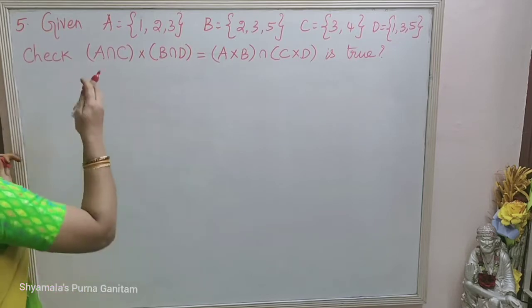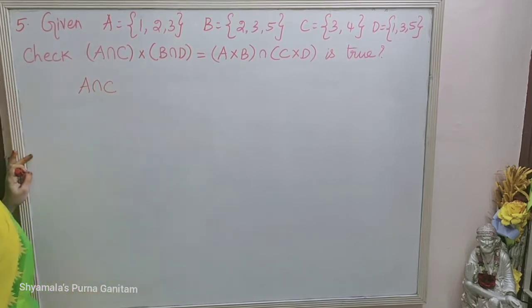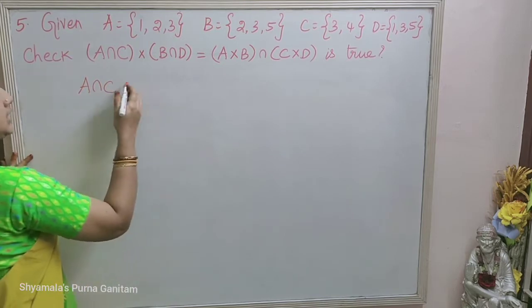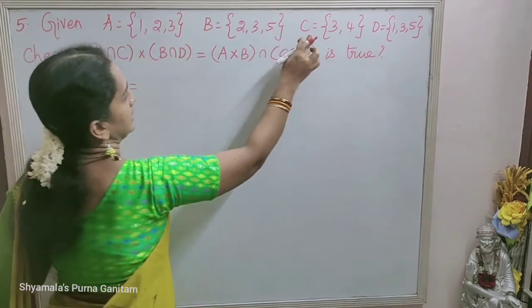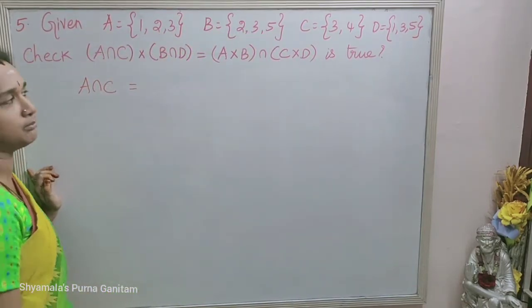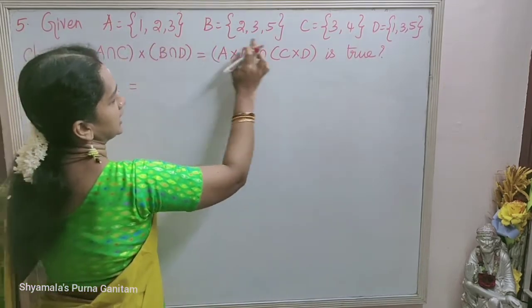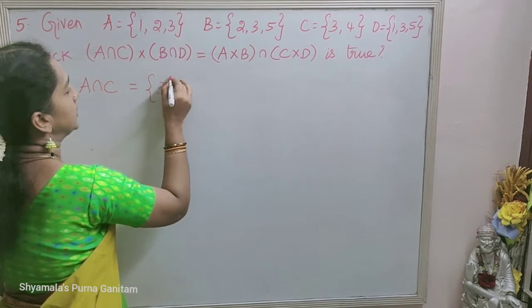Okay. So before doing that, we should know what are all the elements of A intersection C first. So here you have A and here you have C. So what is the intersection? Intersection means common elements between both the sets. Here 1, 2, 3 is there. Here 3 and 4 is there. So 3 is common to both.